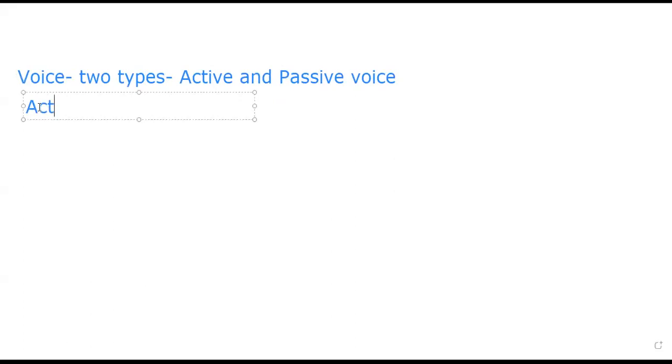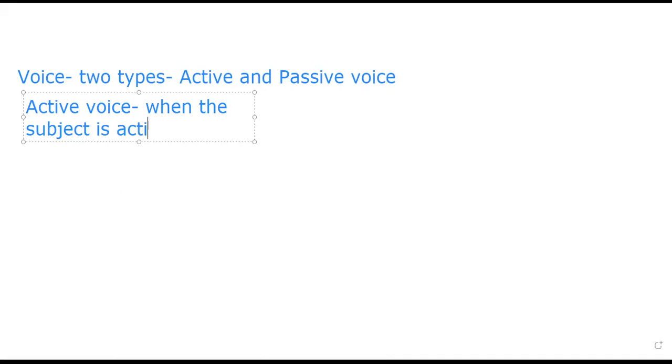Active voice means when the subject is active. Subject means doer of action is active.